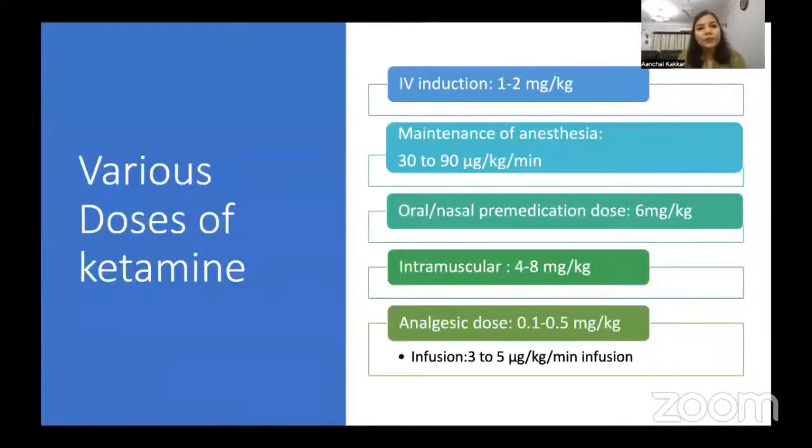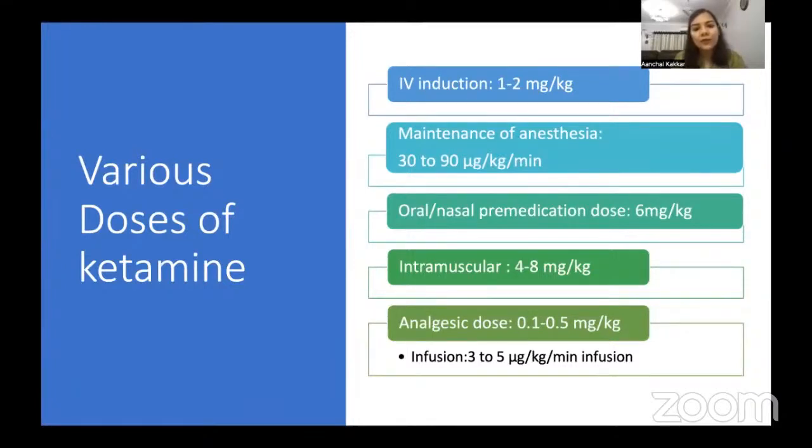The various doses of ketamine: IV induction dose is 1 to 2 milligram per kg. Maintenance of anesthesia is 30 to 90 microgram per kg per minute. It can also be given through the oral or nasal route as a premedication dose of 6 milligram per kg. Intramuscular dose of ketamine is 4 to 8 milligram per kg, and analgesic dose is 0.1 to 0.5 milligram per kg.